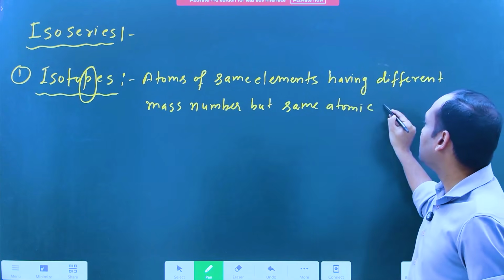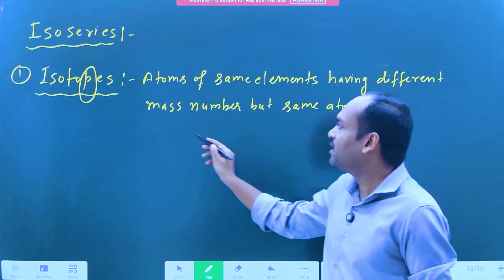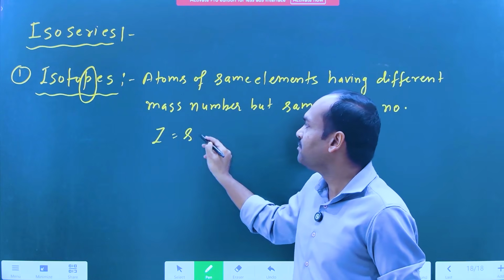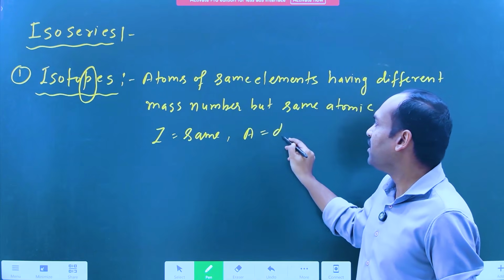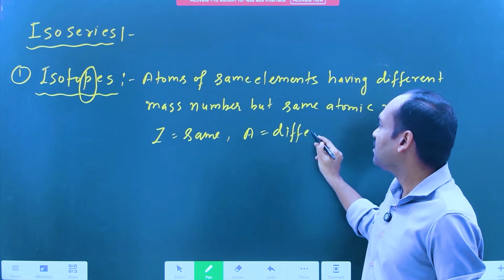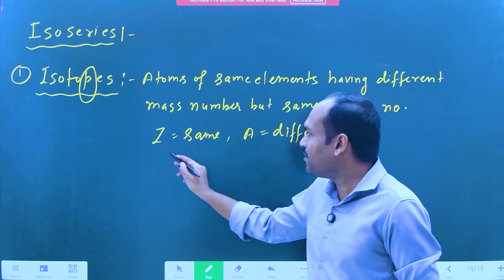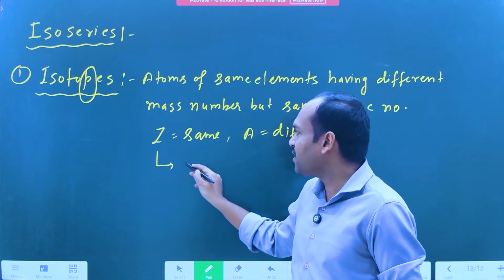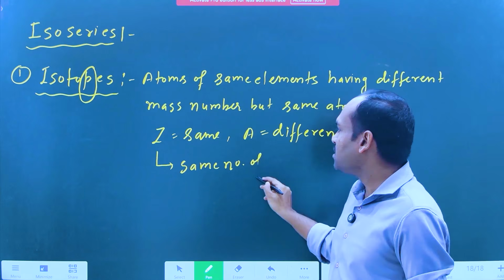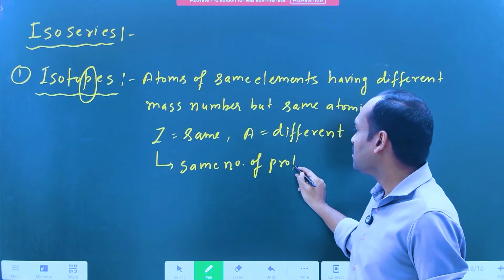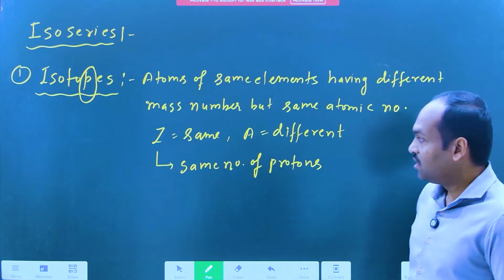If they are atoms of the same element, they have the same atomic number. So Z is the same, but A is different. Z same, A different: isotopes. If Z is the same, they will have the same number of protons, so we call them isotopes.